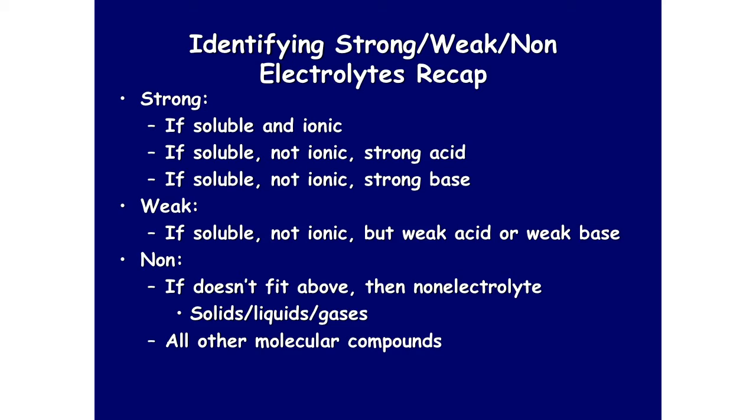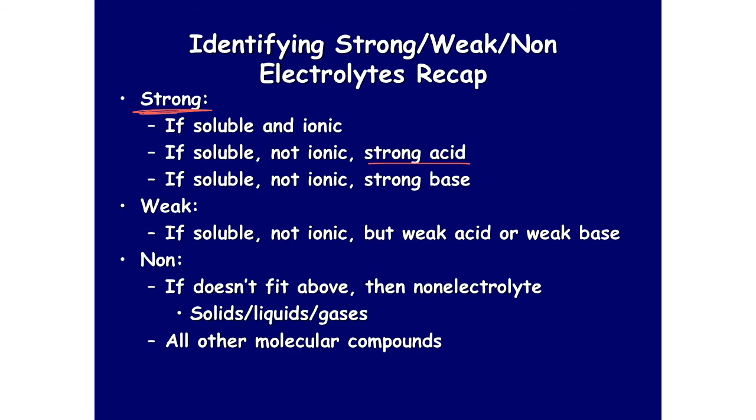So we need to know how they're going to exist. That's why we need to know if it ionizes completely or partially or not at all. So if we have a strong electrolyte, that means that it ionizes completely, it dissociates completely. So it would be soluble and ionic. We'll cover solubility rules next.